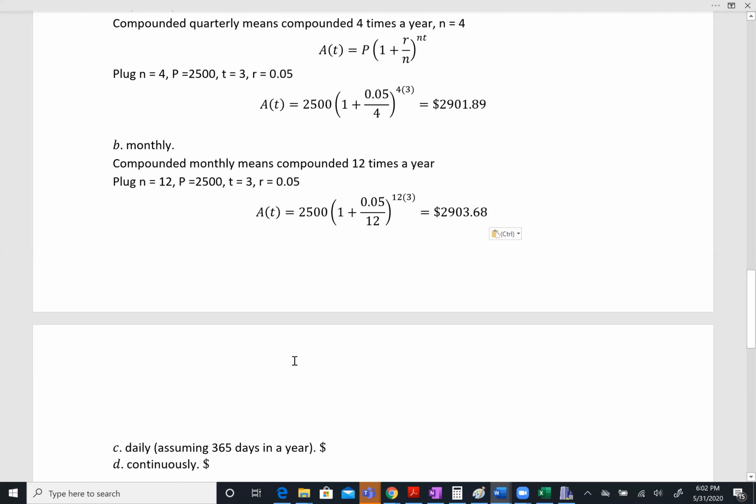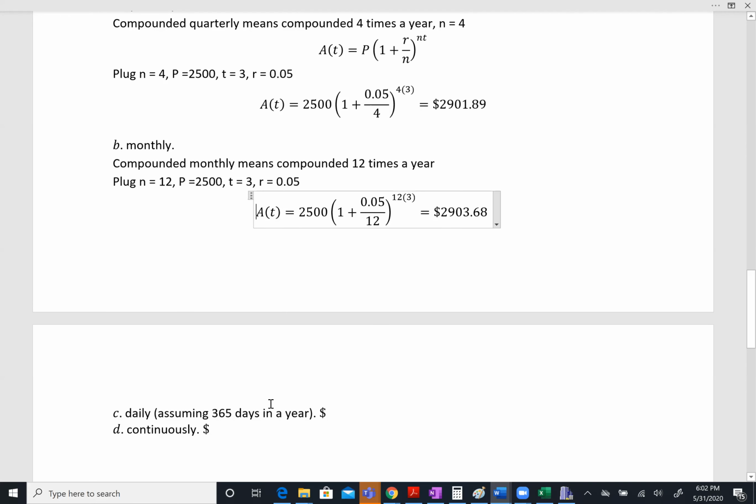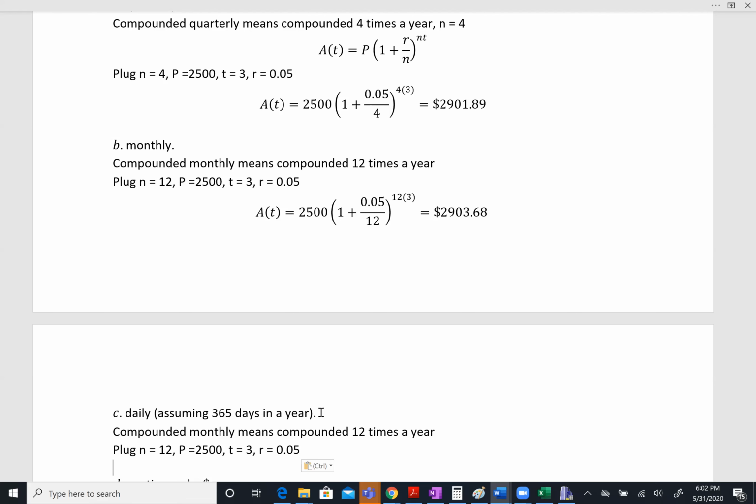So that is for monthly. What about daily? Assuming there are 365 days in a year, compounded daily means compounded 365 times a year, right?